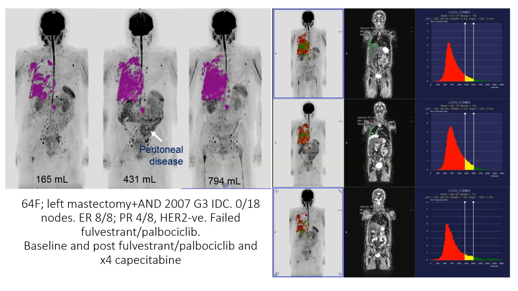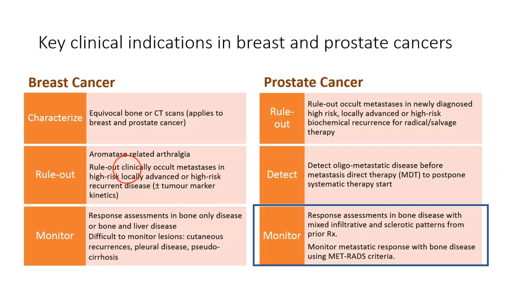So you can see that we went from 165 ml to 531 ml to 794 ml of cancer. And if you look at the histogram on the right, you'll see that the ADC did not change between examination 1 and 2, 2 and 3. And no change in the ADC, but an increase in tumor volume is quite a common pattern for disease progression.